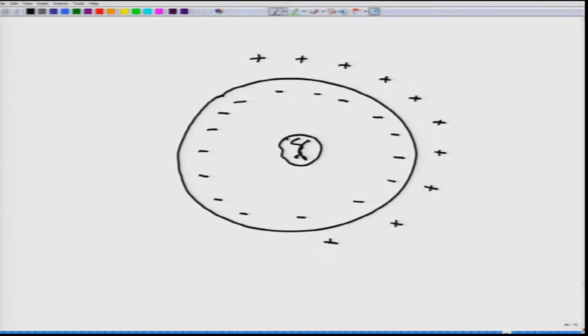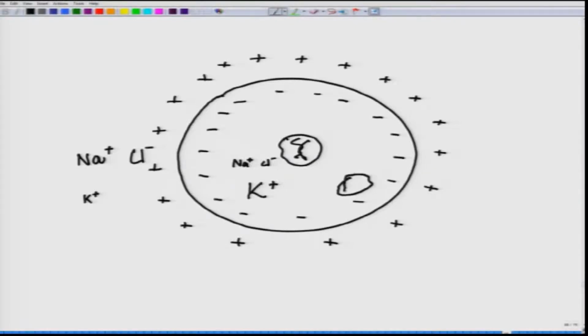The ions which dictate this situation are sodium outside and inside, potassium outside and inside, and of course chloride. At this point let us deal with only these 2-3 ions. Inside you have a structure called the sarcoplasmic reticulum, SR, which holds calcium, but we are not dealing with it.